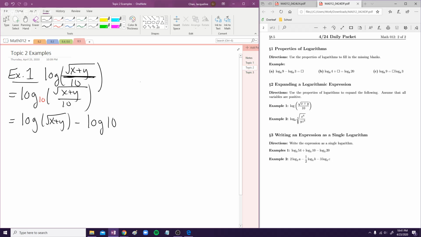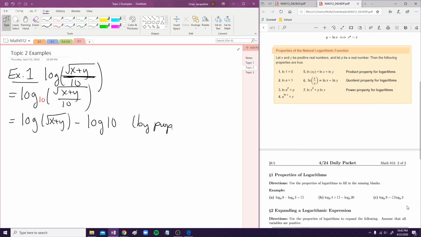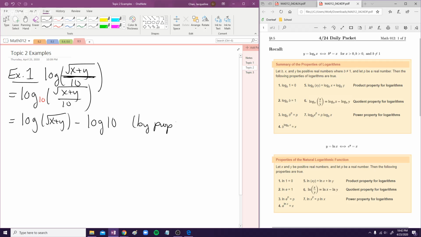This is by property 6. In general, x is our square root of x plus y, and y is equal to 10.